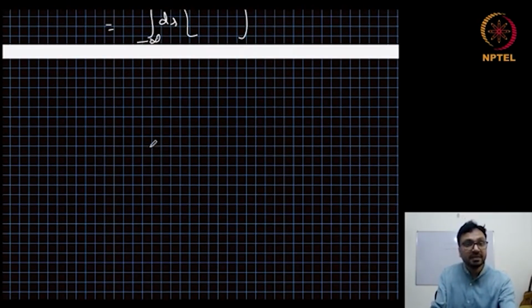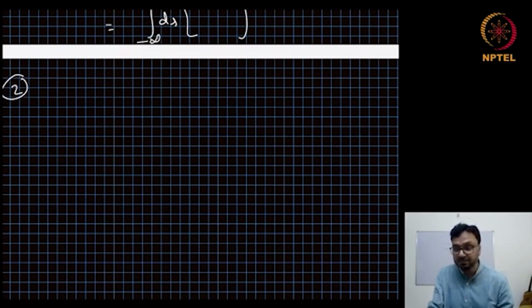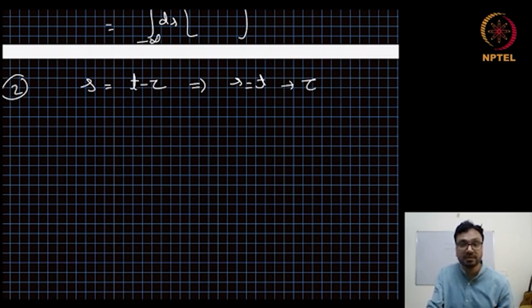The second simplification we make is that we define a parameter tau such that s is t minus tau. This implies that when s equals t, that is the upper limit of the integration, then tau is 0. And when s tends to minus infinity, then tau tends to infinity.